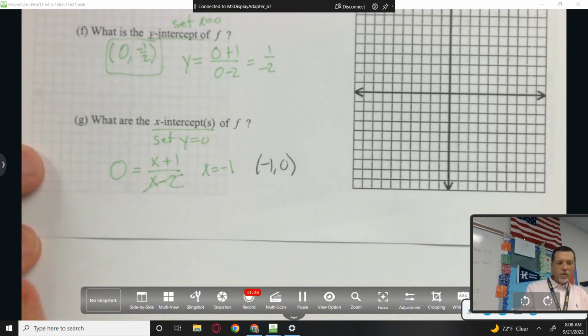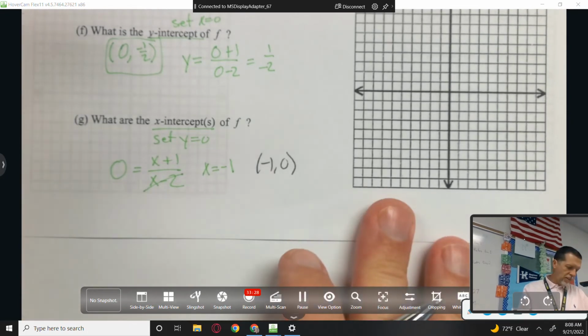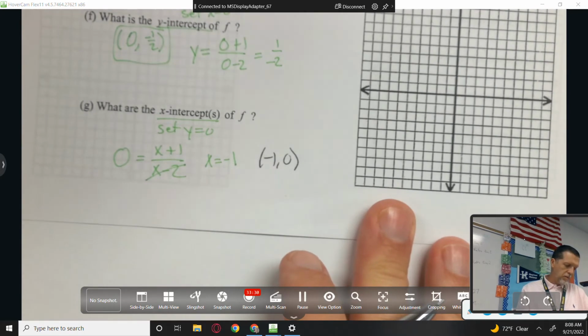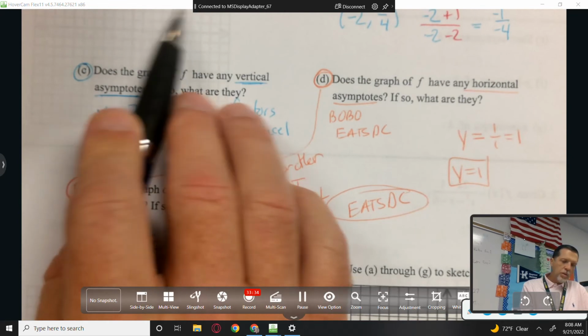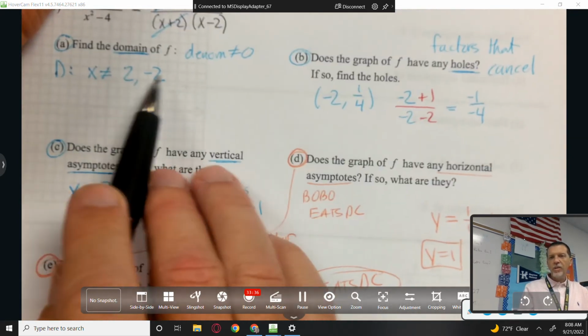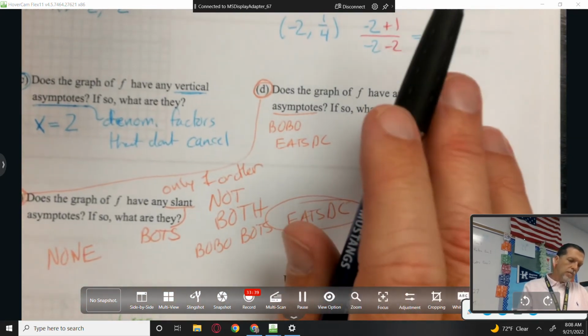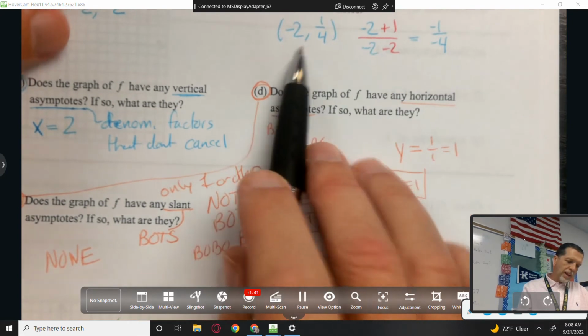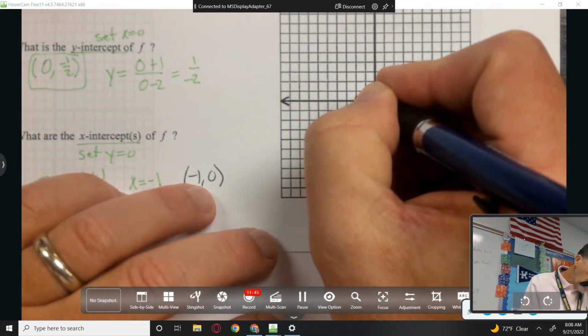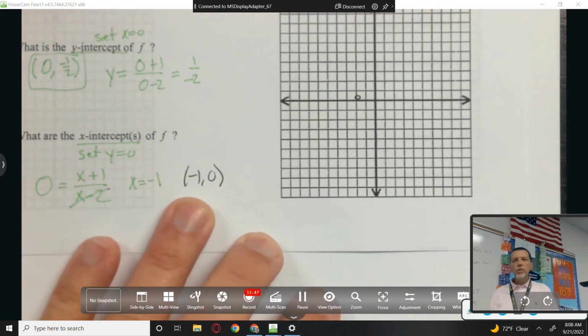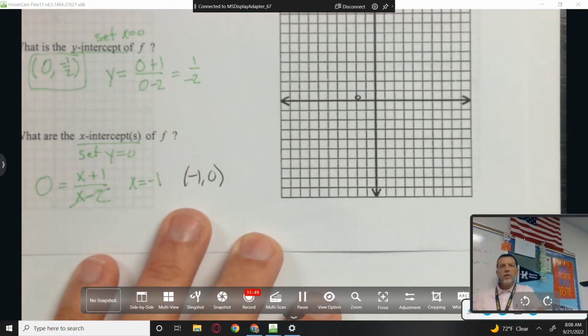All right, let's put all of that information on the graph and see if we can make sense of what we've got. So back to the top. X can't be 2 or negative 2. All right, that doesn't really go on the graph. A hole at negative 2, 1/4. So put a little hole there.